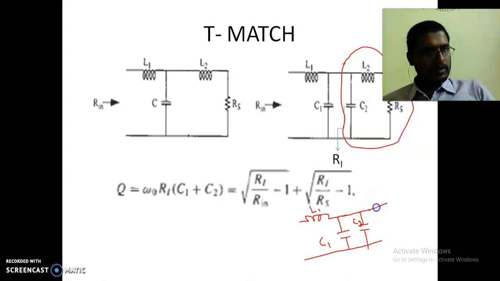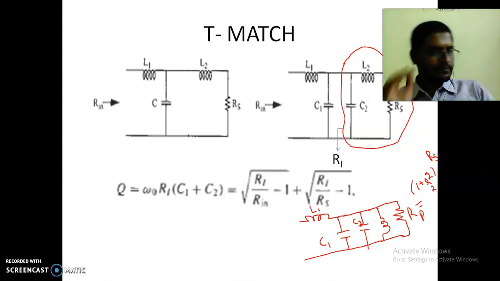Now there is a formula to convert series inductance to parallel inductance, and similarly series resistance to parallel resistance. Rp equals (1 plus Q2 squared) times Rs.